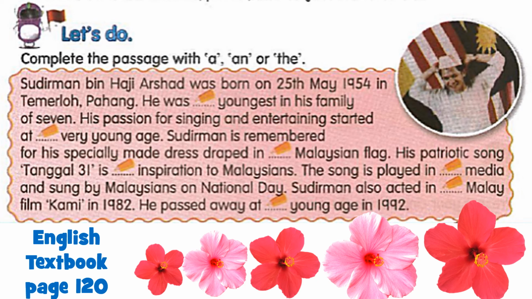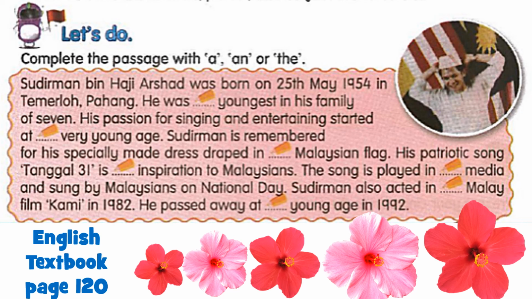Next, complete the passage with a, an, or the. This passage is about Sudirman bin Haji Arshad, our legendary singer, and you are going to copy this passage and write a, an, or the on the blanks. Okay, let's do number 1.